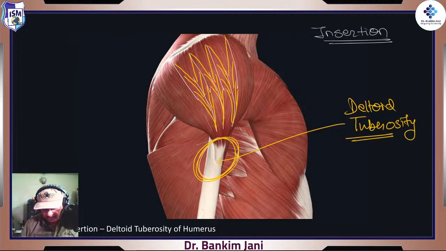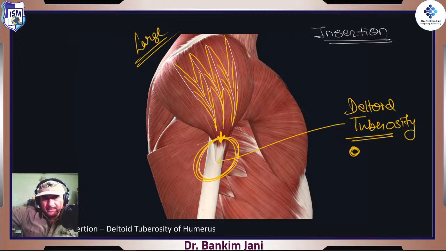So obviously the force would be completely concentrated at one point. That is what gives tremendous mechanical advantage, because there is a large surface area focused onto that small deltoid tuberosity. That's the reason that when you do this movement, it is tremendously powerful, because such a powerful muscle is moving.